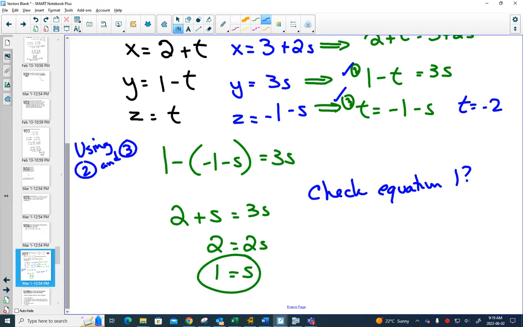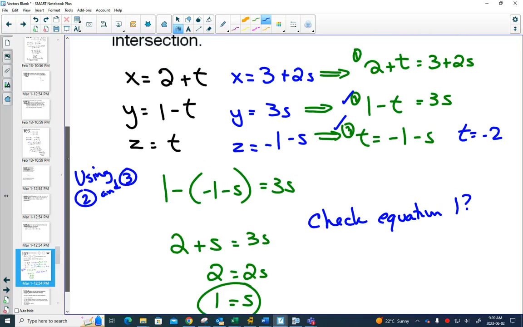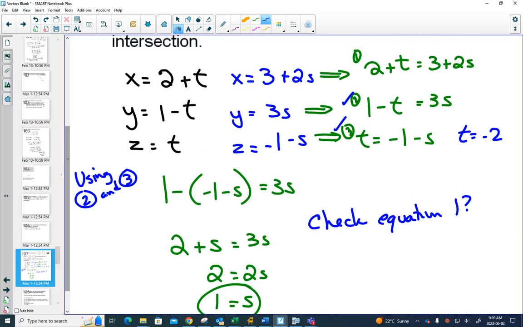Or you have to plug in those values into the original equation and see, are the points actually the same? So in this situation, can you see that if I plug in negative 2 for t and 1 for s, this doesn't work, does it?